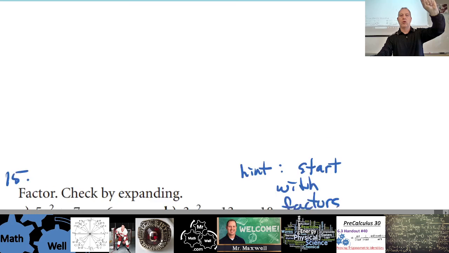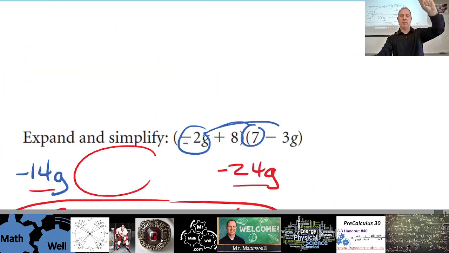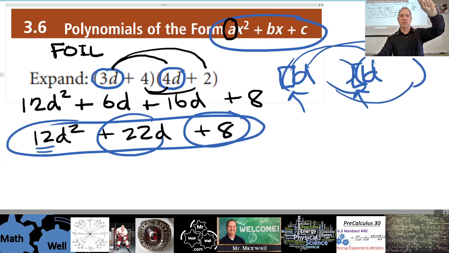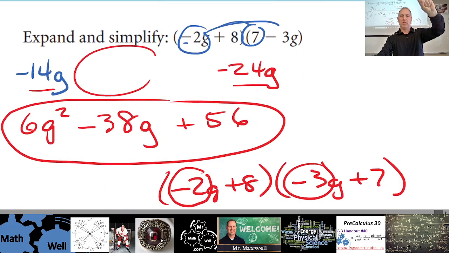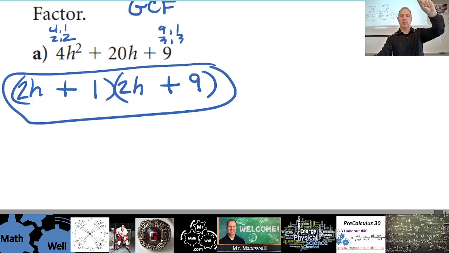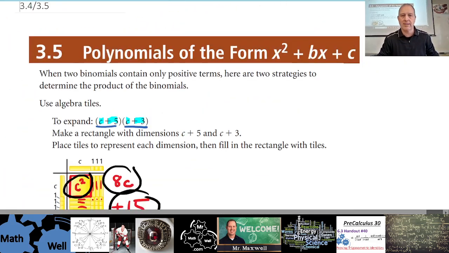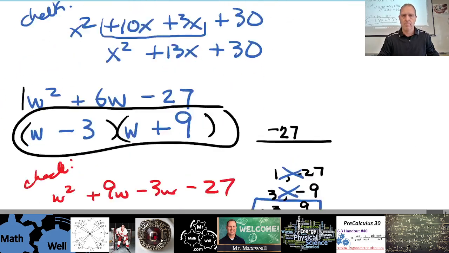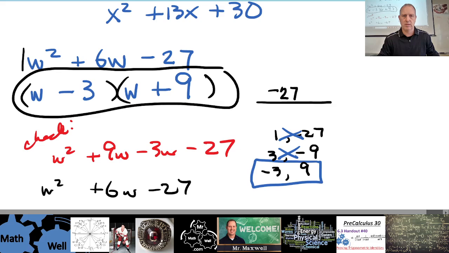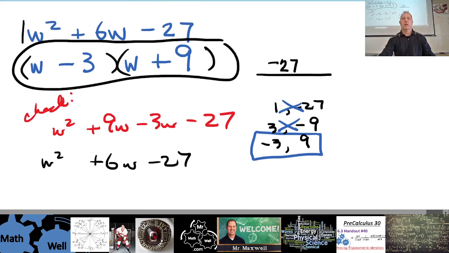But I will draw your attention back to, do you remember, I think it was the very first, where was it? I hope I didn't erase it. Oh, no, it was in the homework from last day, wasn't it? Yeah, right here. Remember this one? Okay, so this is part of our check.